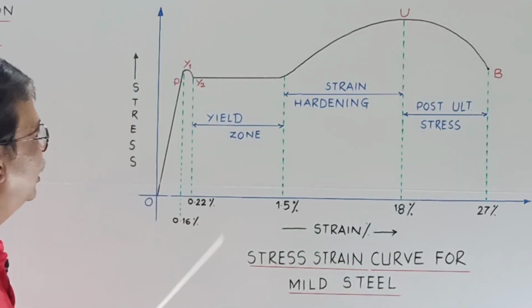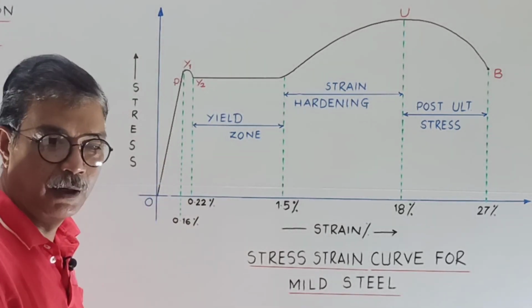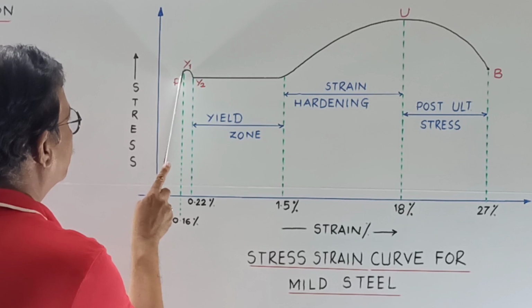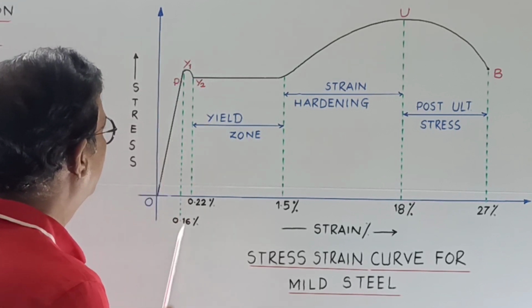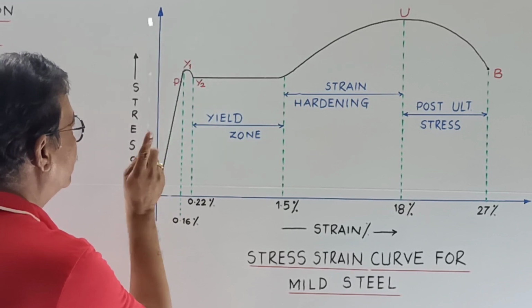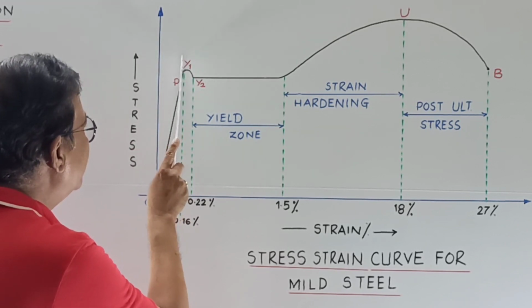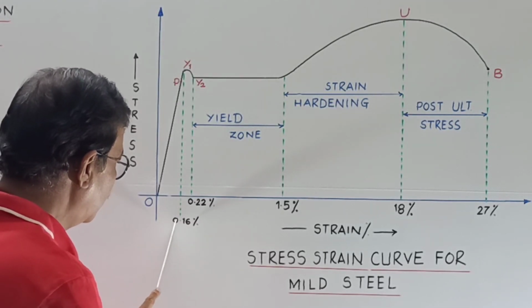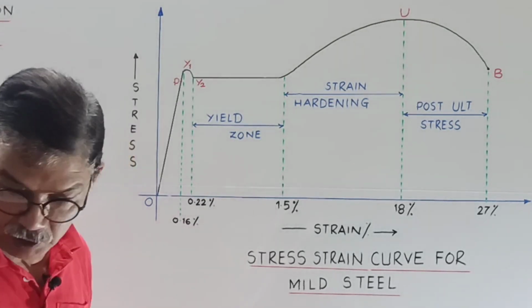So again I will tell you, P is proportional limit, Y1 is upper yield point, stress corresponding to it is upper yield stress, and strain corresponding to this is 0.16%.